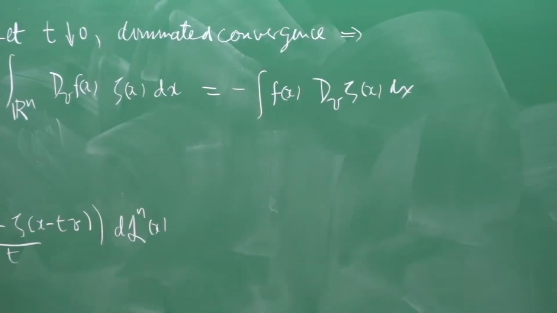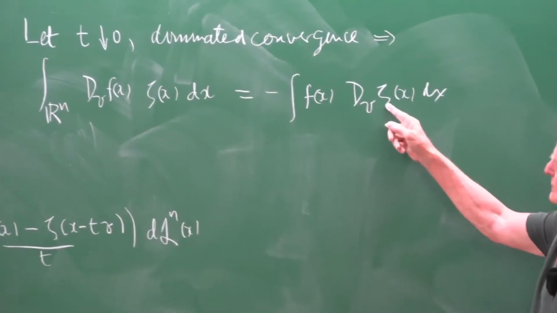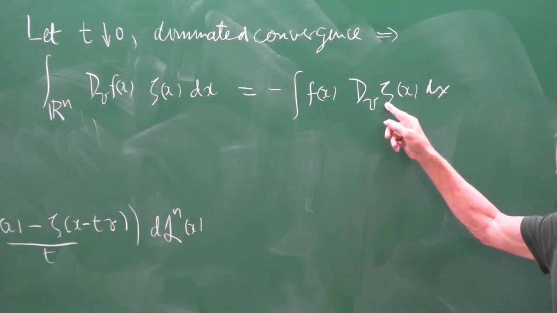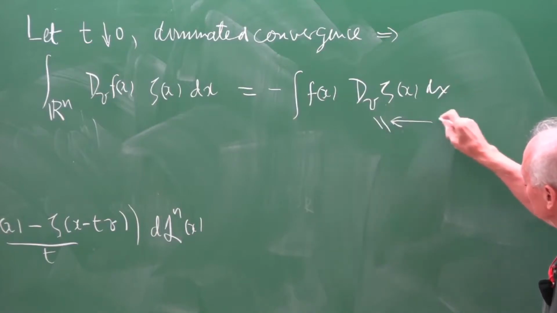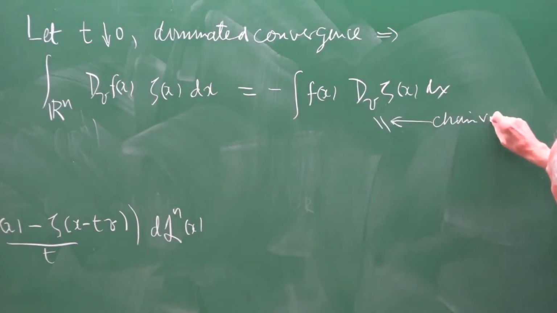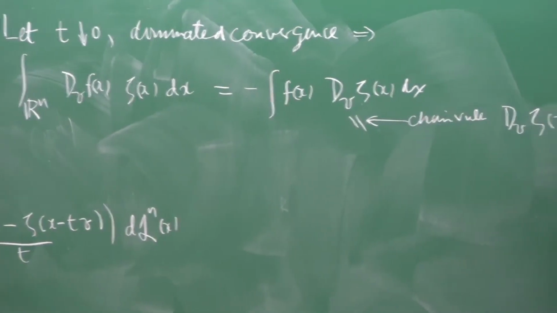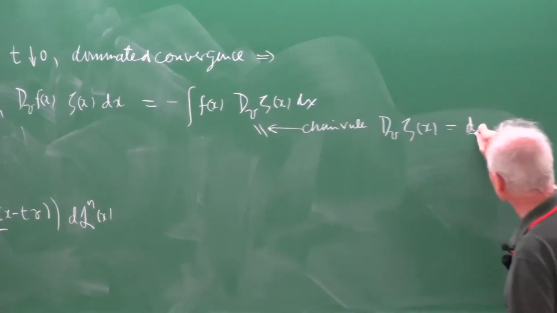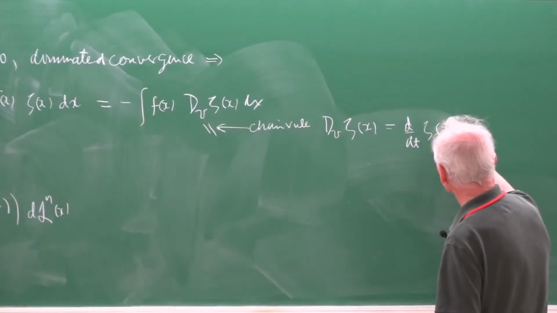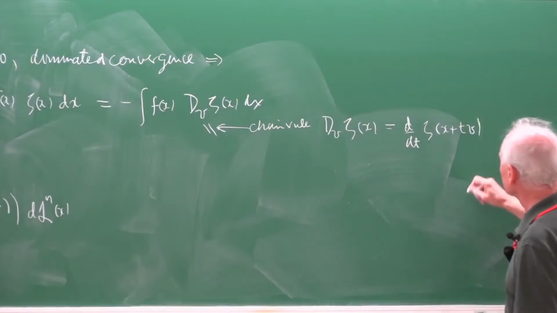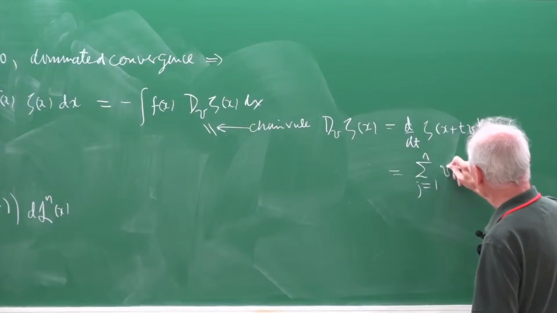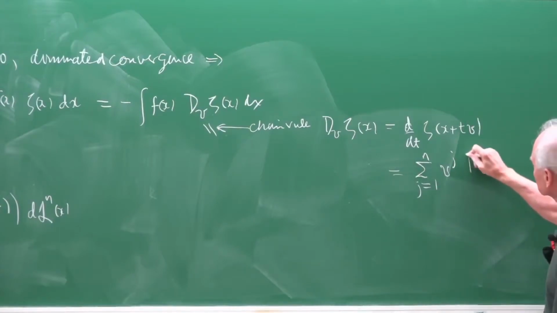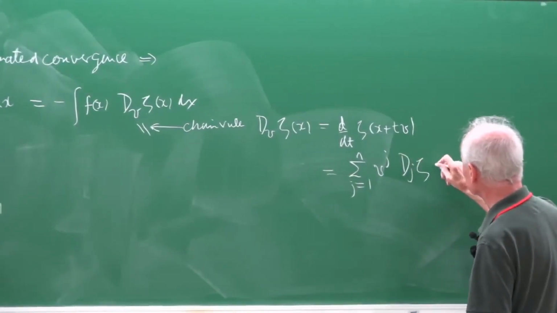So now zeta is just a smooth function, so you can just use ordinary calculus on that. That's just by the chain rule. So you just use the chain rule for smooth functions. And the chain rule says that dv zeta, by definition, that's just d dt of zeta of x plus tv. And by the chain rule, that's just the sum from j equals 1 up to n of the jth component vj times the jth partial derivative of zeta at x.